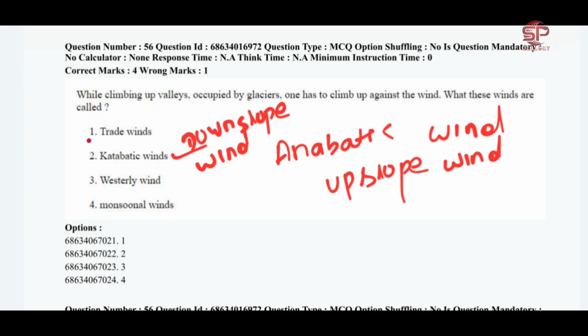This will not be correct with the trade wind, westerly wind, or monsoonal wind. The answer will be katabatic winds.